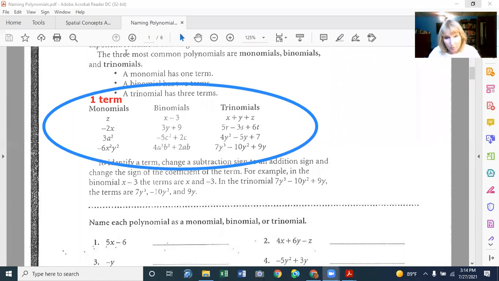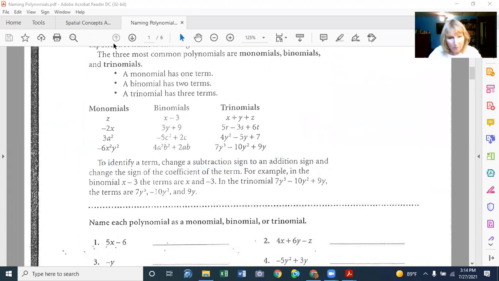A binomial, like a bicycle, would have two terms. And a trinomial would have, like a tricycle, three terms. So the first part of the worksheet wants you to just determine if it's a monomial, a binomial, or a trinomial. So let me clear this and we'll scroll down and take a look at that.